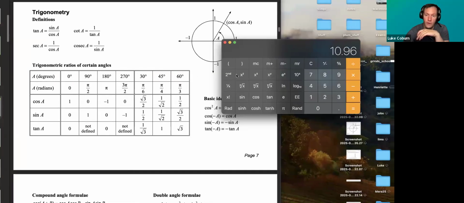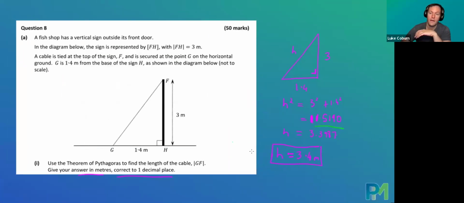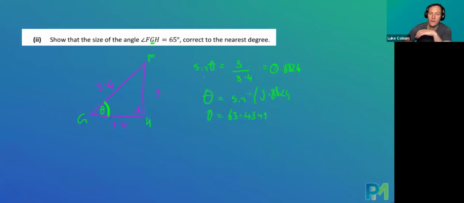Then if we take the square root of that, we end up getting 3.31. So this should be 3.3. Sorry, I made a mistake there. And then if we brought this over, this would be 3 over 3.3, and then we would get 65 when we round to the nearest degree. And I think let's just leave it there.